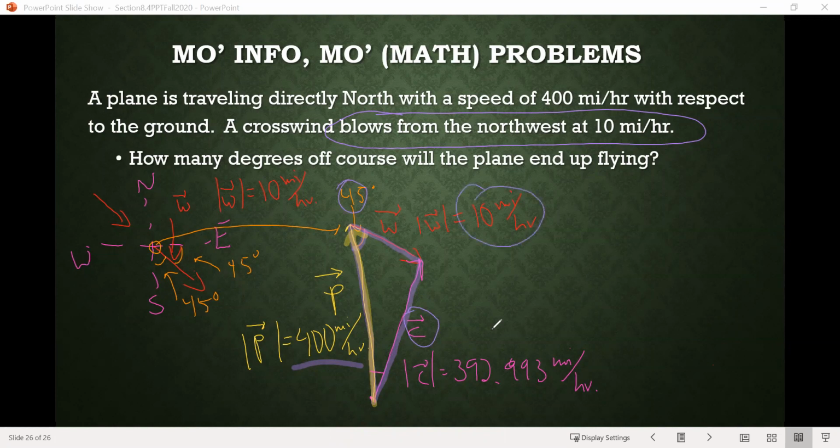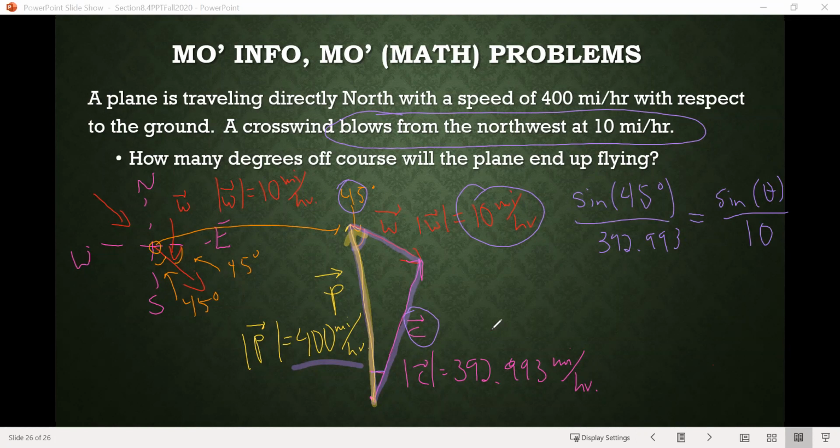I have the length of this side here, and I'm trying to find the measure of its opposite angle, which tells me I can use the law of sines. So sine of 45 degrees over 392.993 equals sine of theta, the angle we're looking for, over the length of the side we know, which is 10.